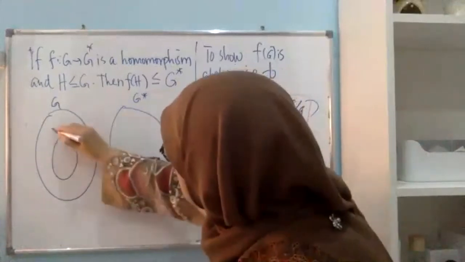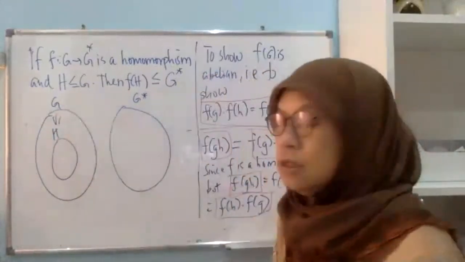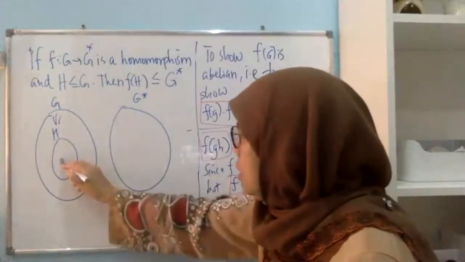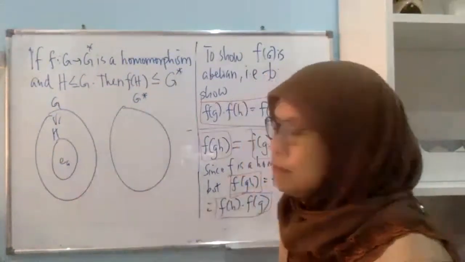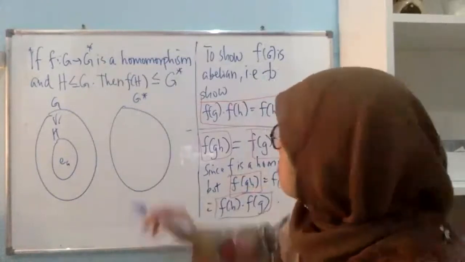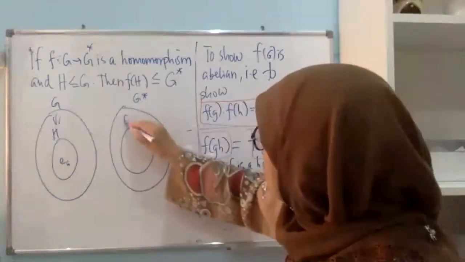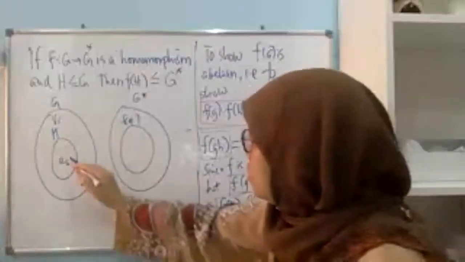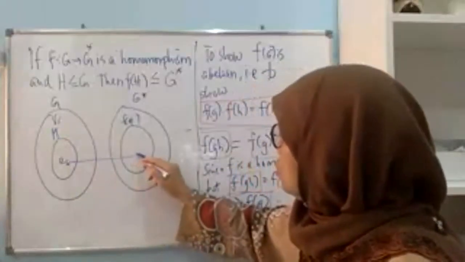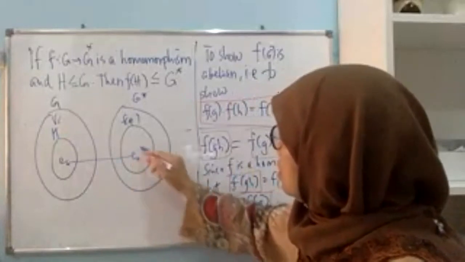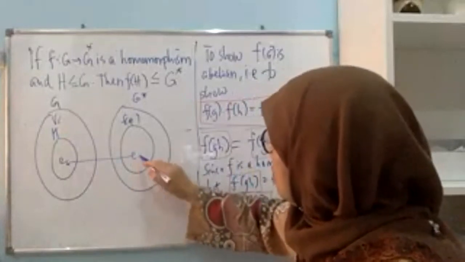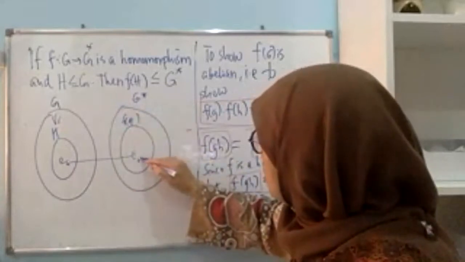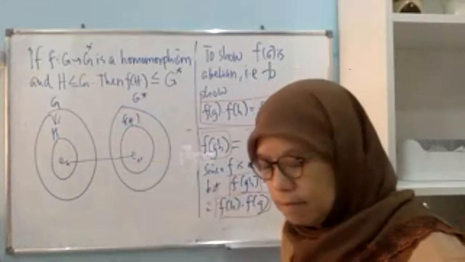This is your H, a subgroup of G. Since H is a subgroup of G, e of G is in H. Now, this will be the image of H. So this is also the image, the identity of G star.